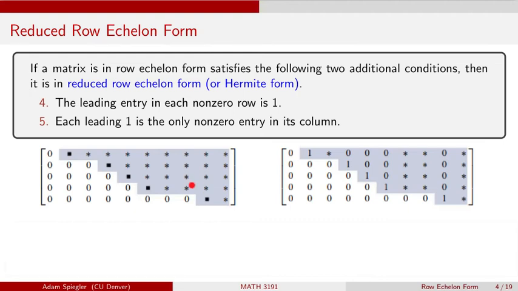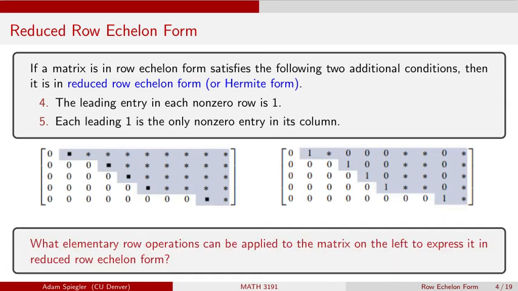And so over here on the left, we have an example of row echelon form, and then on the right, we have a matrix which is in reduced row echelon form. So now each of these is a 1, and again, we have zeros above each of these leading entries.